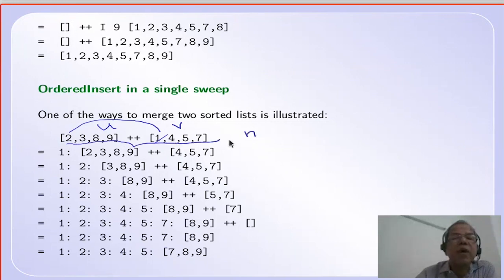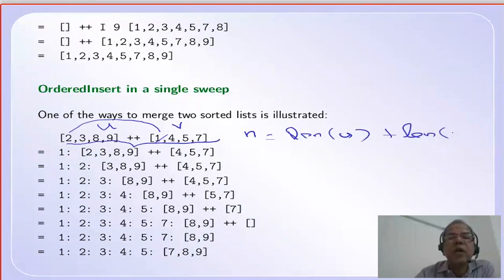If the size is n, where n is the sum of the lengths of U and V, we have reduced the problem to n minus 1 because we removed the head.